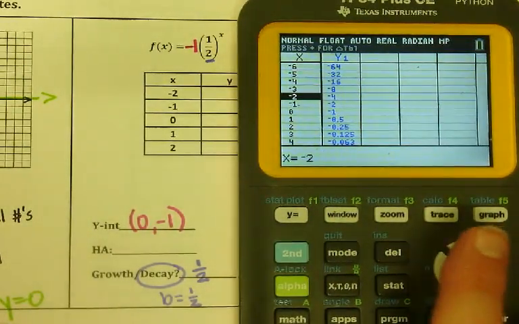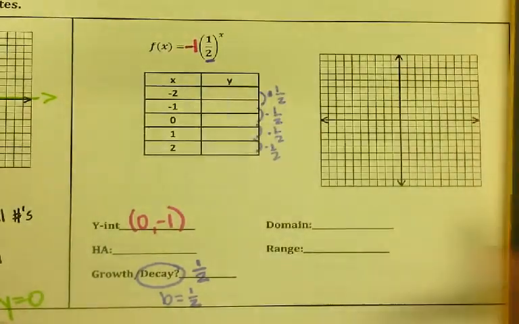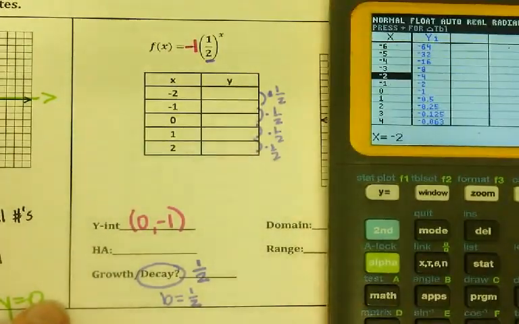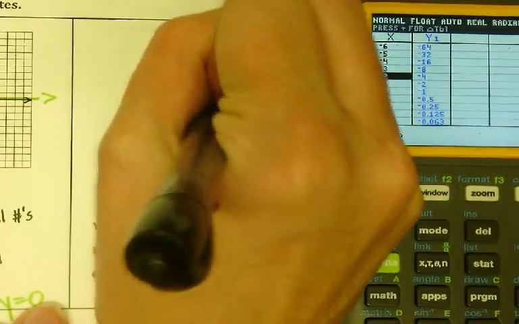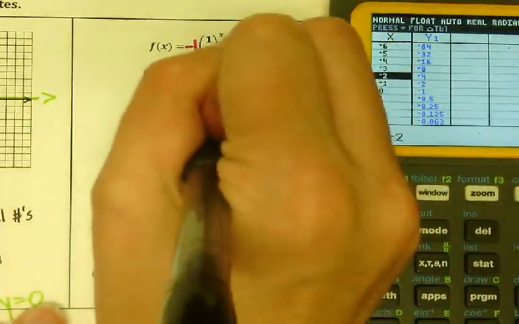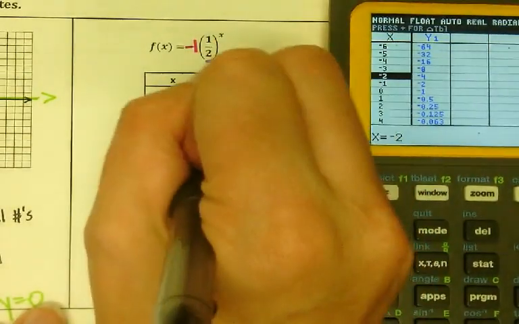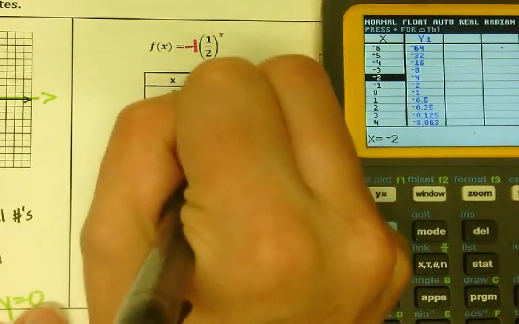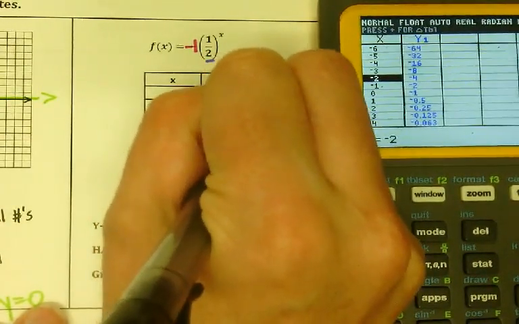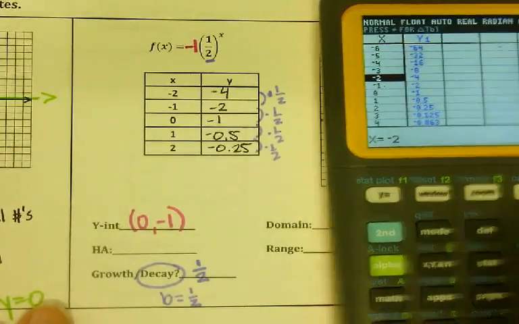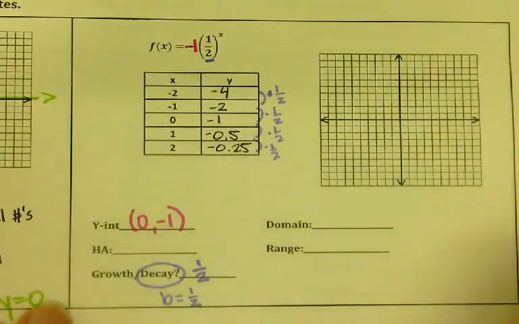So I'm going to go here and I'm going to say, okay, negative 2 is at negative 4. All right, and then we have negative 2, negative 1, and then negative 0.5, negative 0.25. Excellent, and if we kept going. So now I'm going to plot these points over here.